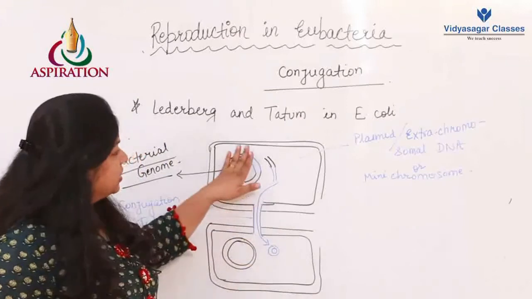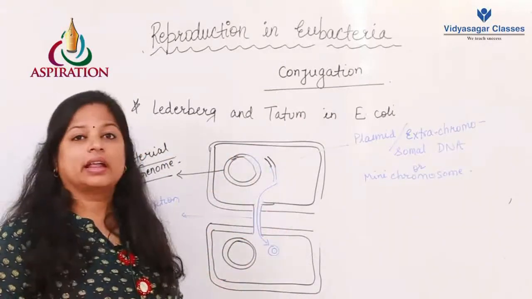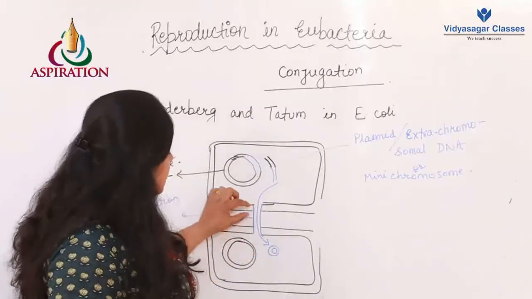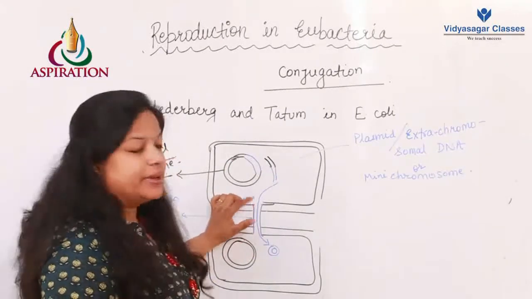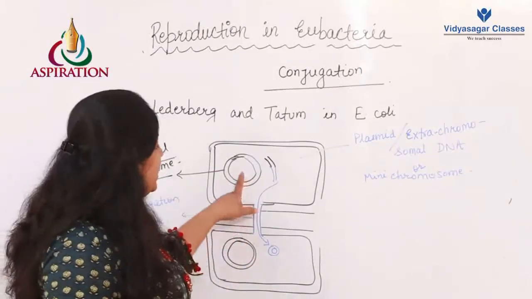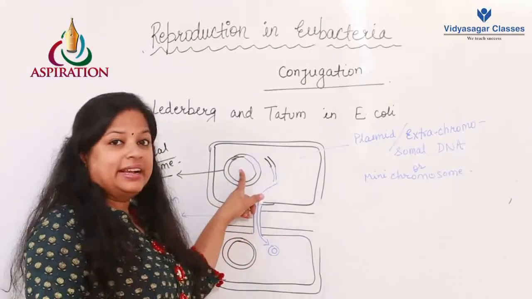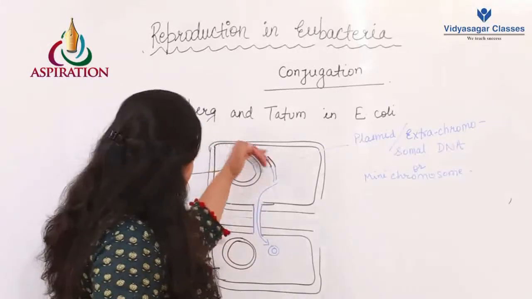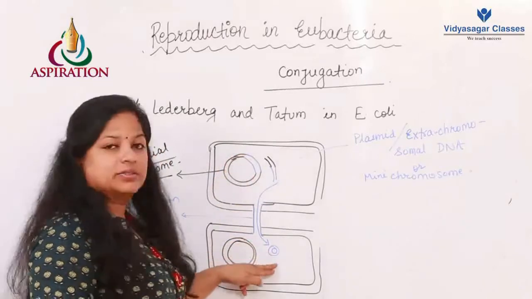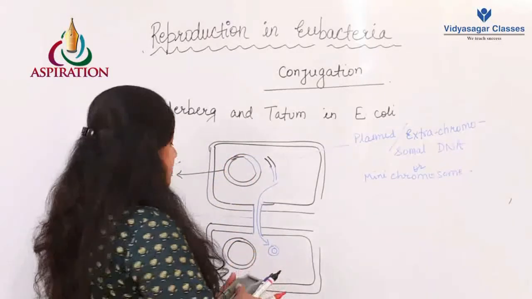The whole genome cannot get transferred to the recipient bacteria because this conjugation tube is formed only for 1 or 2 minutes, while it takes around 90 minutes for the complete genome of the bacteria to get transferred to the recipient bacteria.